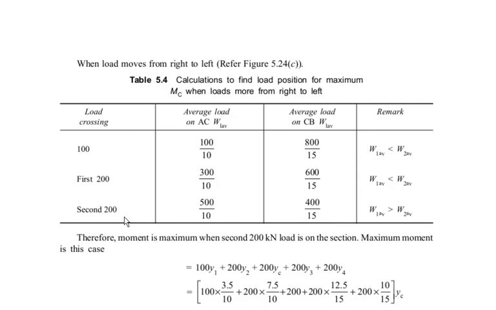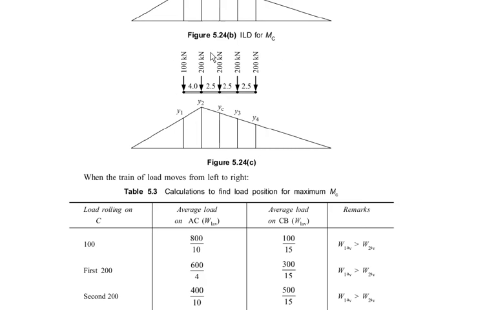Now this load, the third load W3, should be on the section C, as in this figure 5.24C.